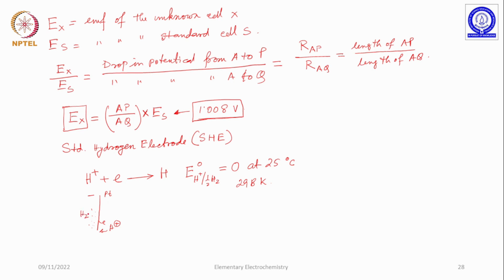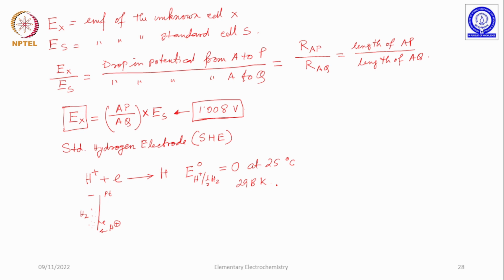So, this is the electrode that one considers as a standard hydrogen electrode, and using that, one can actually determine the EMF of all other electrodes, assuming that the potential of this particular reaction is taken to be 0. But then what you must understand here is that this particular cell is not very easy to construct, and this cell generates hydrogen gas which is highly flammable.